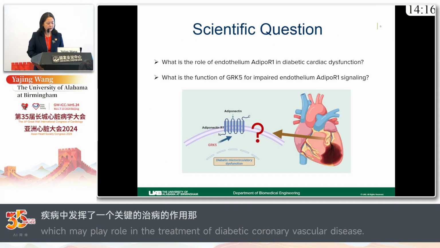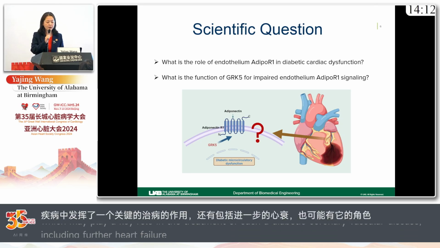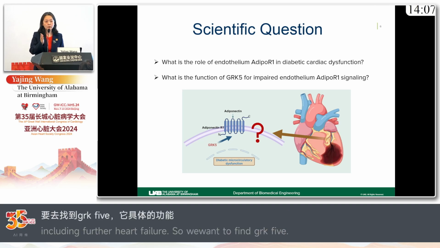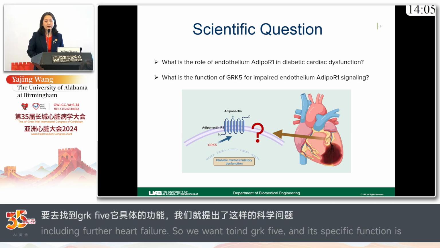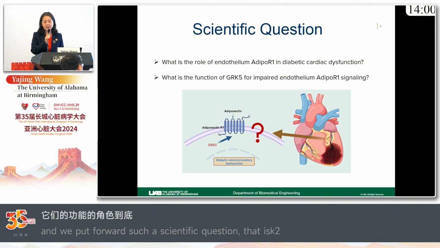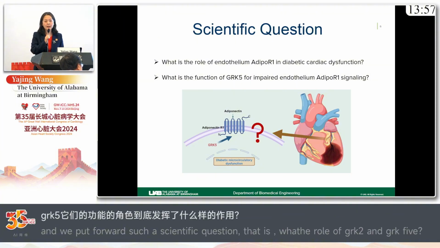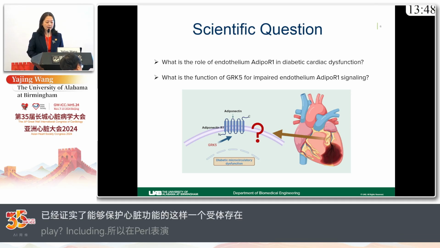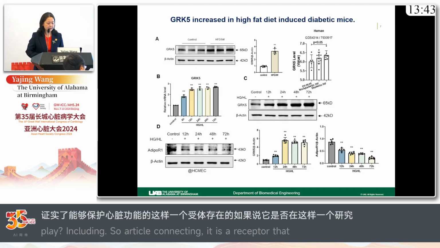To identify GRK5's function, we asked what makes endothelial cells lose protection from adiponectin, because we know adiponectin acts through its receptors to protect the heart. We also want to understand whether GRK5 could serve as a therapy target in diabetic coronary artery disease.